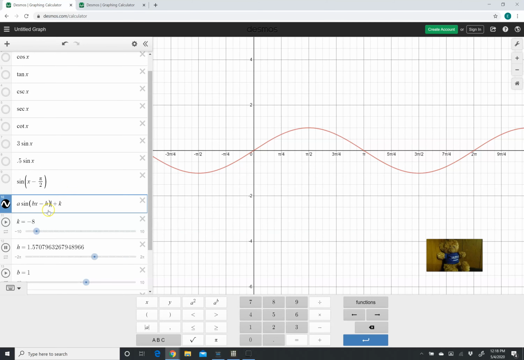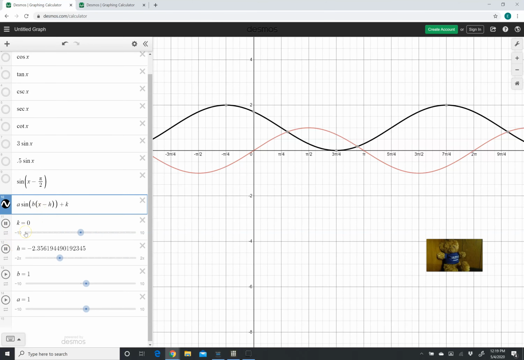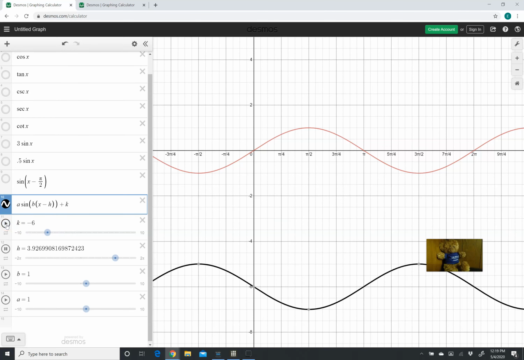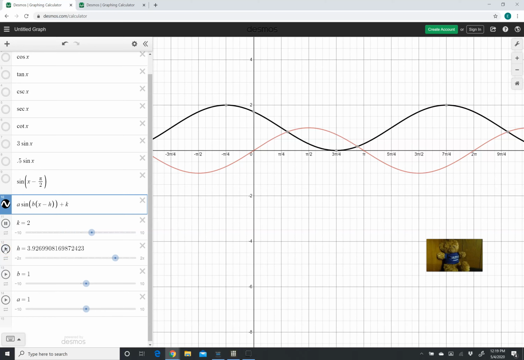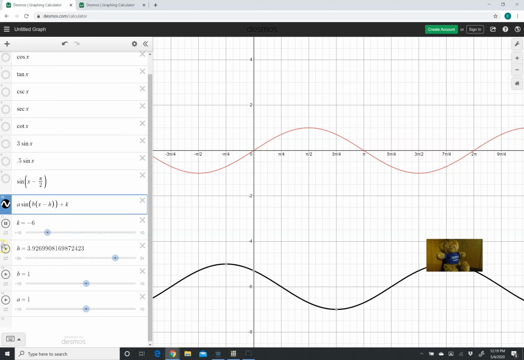Now you can't see it. I don't know why this one isn't working.